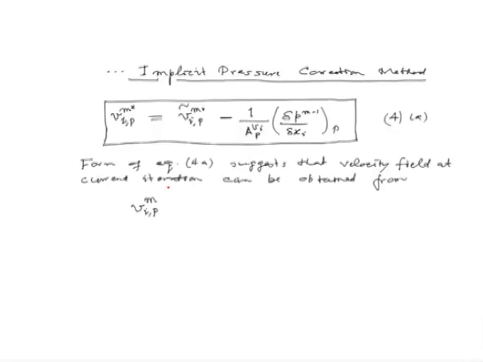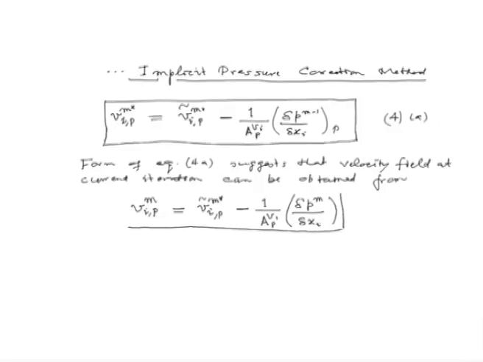What we are claiming is that this would be our continuity satisfying velocity field at the current outer iteration M. So, VI comma P M star tilde minus 1 over A P VI delta P over delta Xi M. Now, here the pressure is no more the known pressure, in fact, this is an unknown pressure value at the current iteration which we have got to find out.